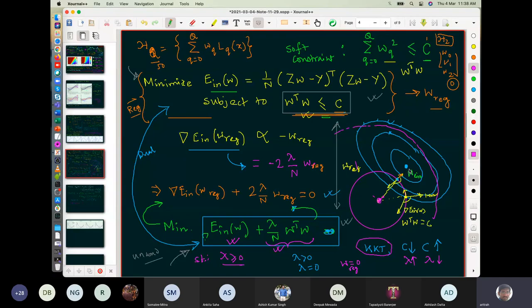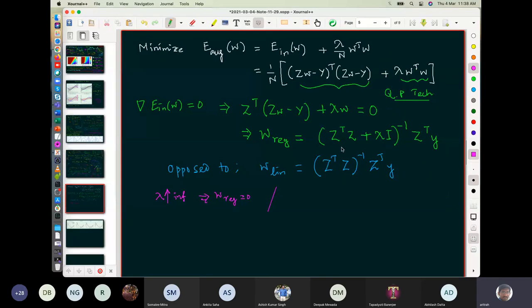It also encapsulates the W_lin inside it, the minimum E_in. So if your lambda is 0, you can see this is nothing but the W_lin solution itself. Just drop out this term because your lambda is 0. So if your lambda is too small, almost close to 0, then your W_reg is almost equal to W_lin. You get the impact? So therefore, this is your regularization and this is your without-regularization solution.